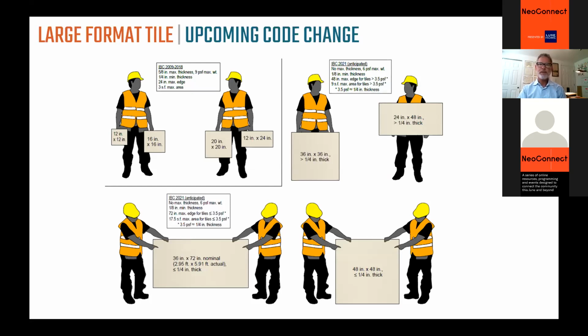So we can stick a 3 foot by 6 foot nominal tile, and I'm not talking about anchored or rain screen, I'm talking about fully adhered direct bond porcelain exteriors. So this is going to open up all kinds of opportunities for designing with ultra large gauged porcelain tile formats.